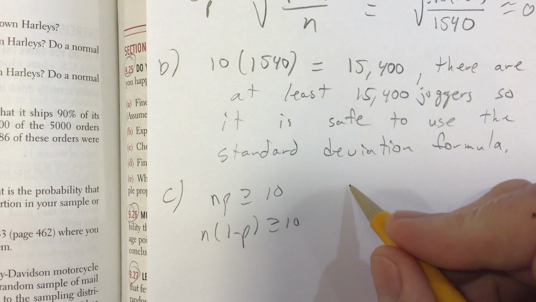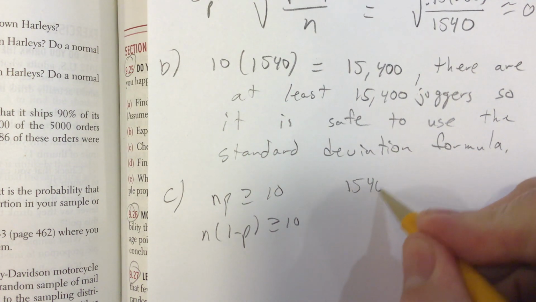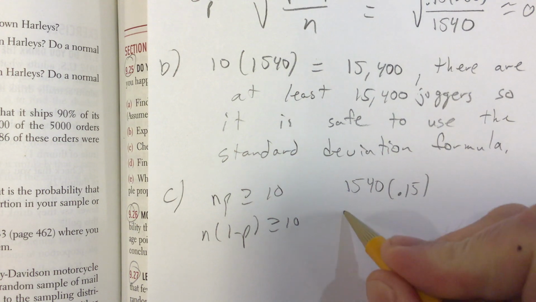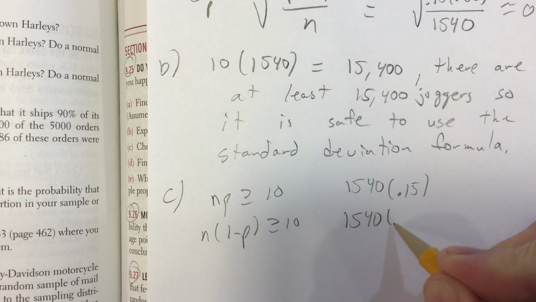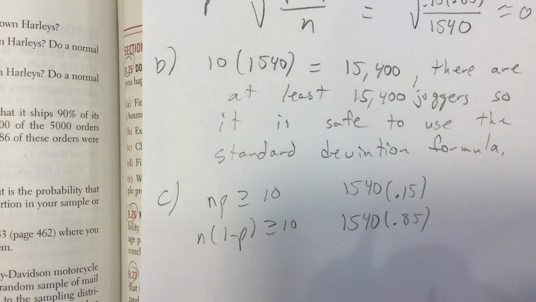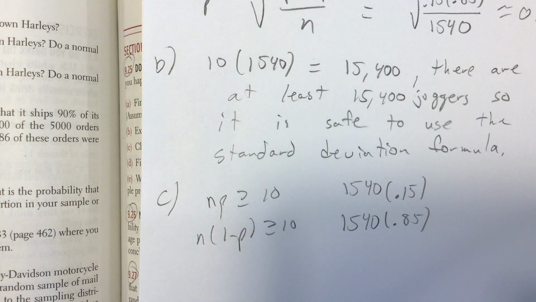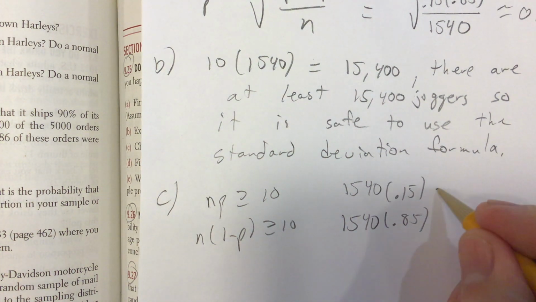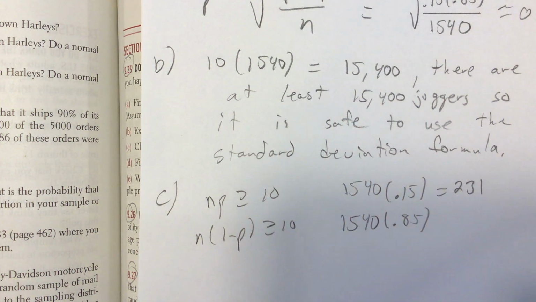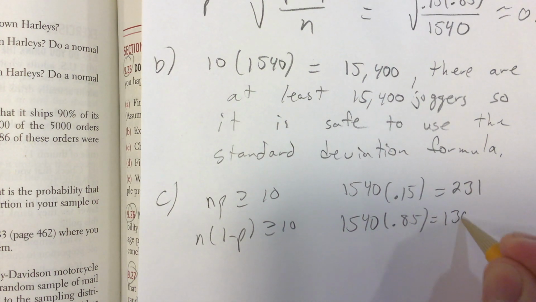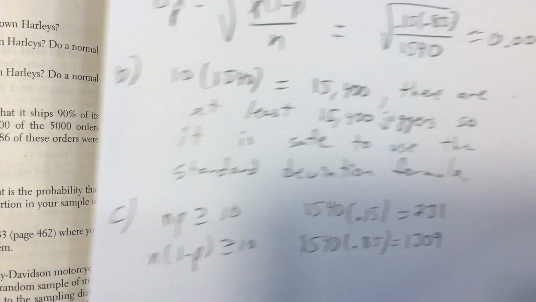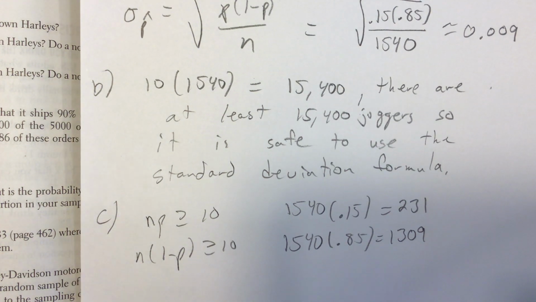So in this case, we have 1,540 times 0.15 and 1,540 times 0.85. Okay, both of these expected counts are well above 10, so we should be safe using a normal approximation.